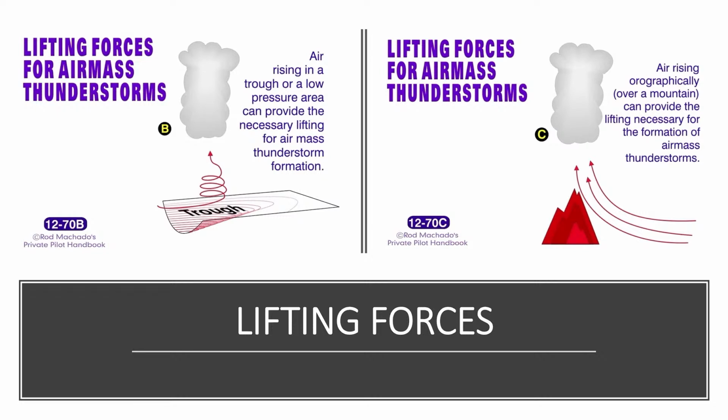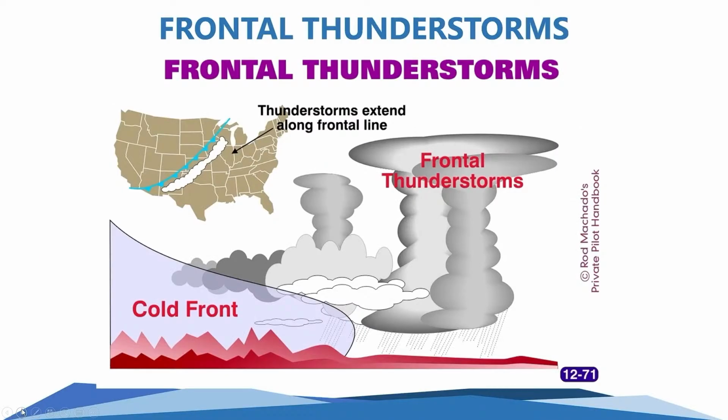You could also have a frontal thunderstorm. In a frontal thunderstorm, the uplifting force is a front that's pushing it, and it could also occur when you have one front overtaking another front, which is very common, like a cold front overtaking a warm front. Frontal thunderstorms are pushed by a front.